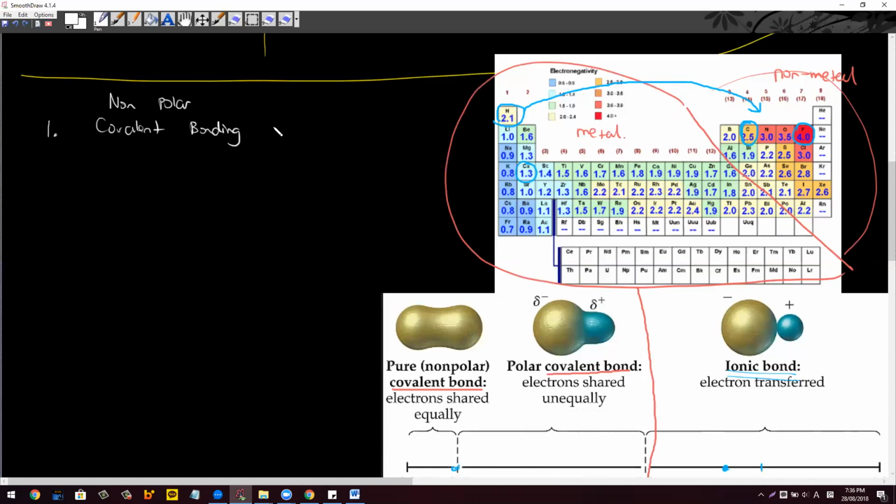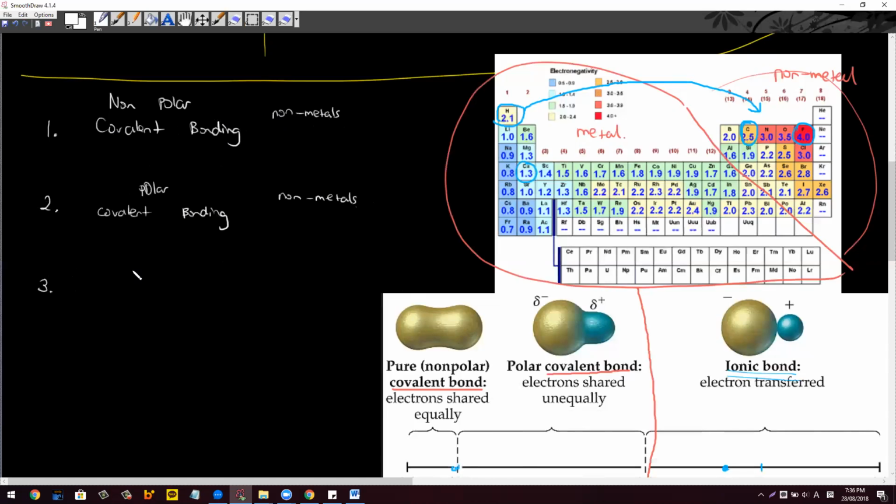And this happens between non-metals. Non-polar covalent bonding, like this one here. So these are types of bonding between two. When you have polar covalent bonding, this one is also between non-metals.